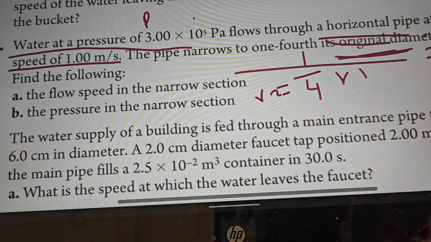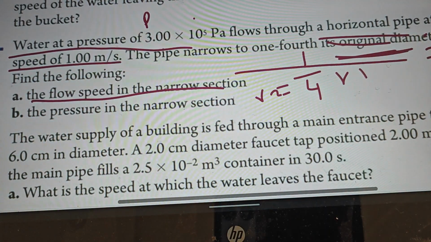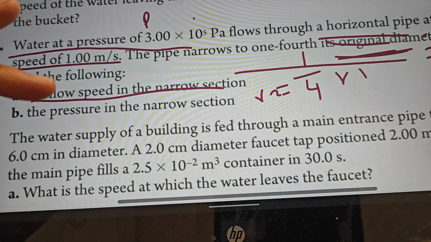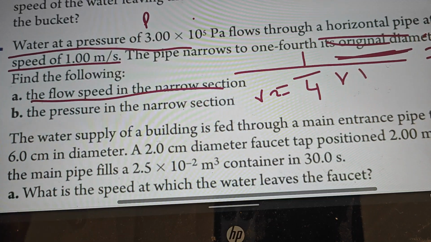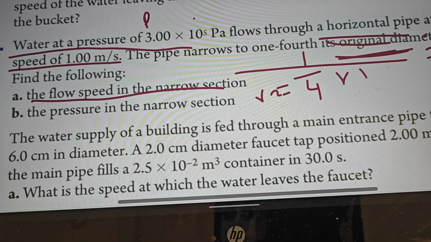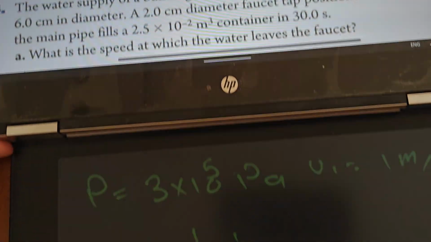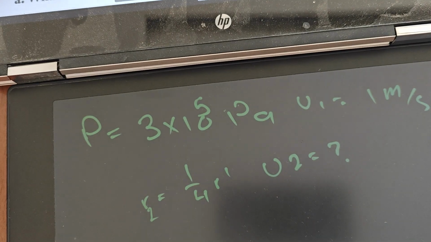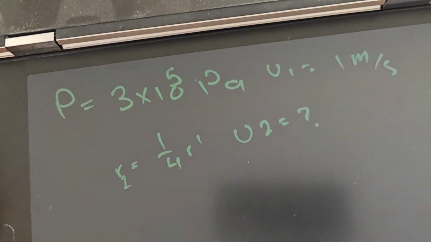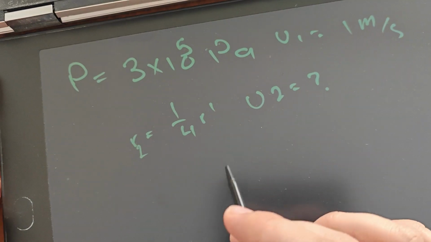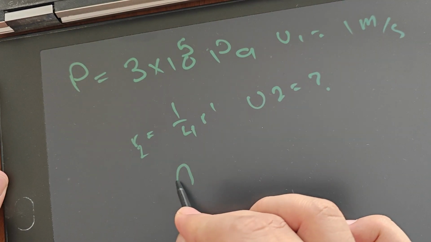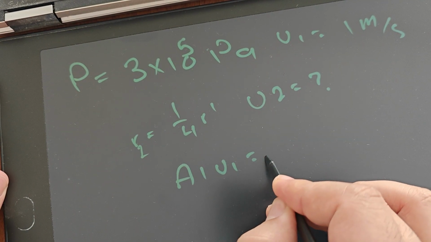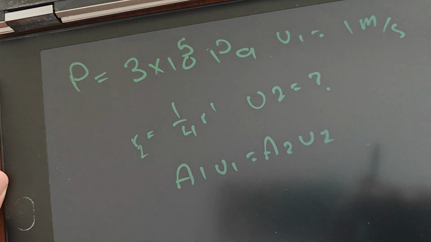The question says find the flow speed, meaning find the second speed, V2, in the narrow section, because you have the first speed which is equal to 1. If you remember the relationship between area and speed, A1 V1 equals A2 V2.